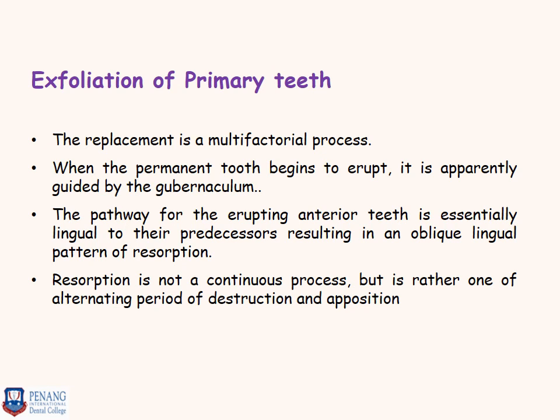So when the permanent tooth begins to erupt, it is guided by the gubernacular canals. So the pathway for the erupting of the anterior teeth, the permanent anterior teeth, when they are erupting, they erupt lingual to that of the primary anterior teeth.